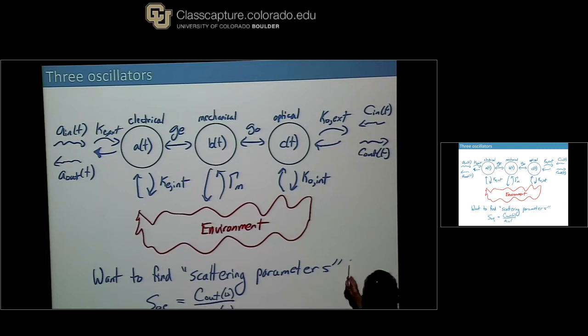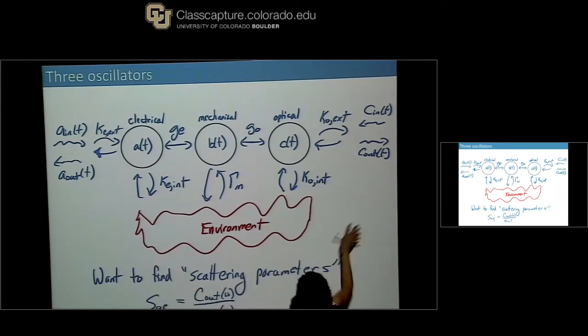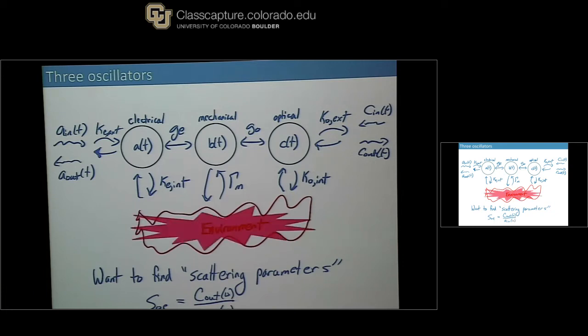Right, so that would tell us about if we stuck some signal in a microwave domain, ultimately from the qubit, what would we get out in the electrical domain? And this is very much in the limit of, I'm thinking about a coherent state and what are those relative amplitudes. So that's what we might want to calculate. And oh, there's my environment.